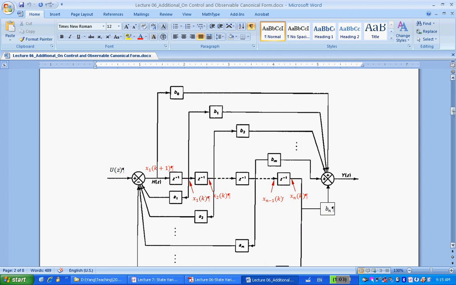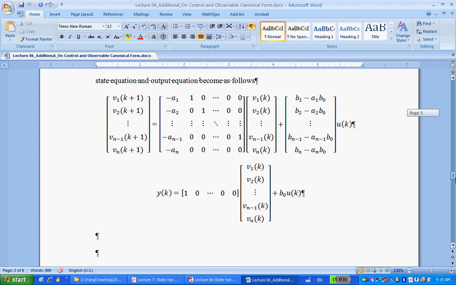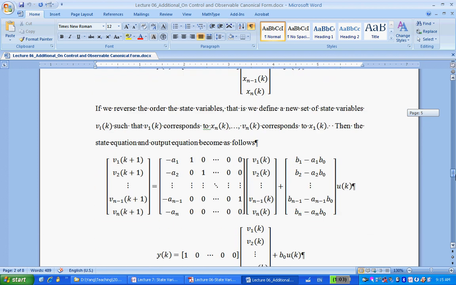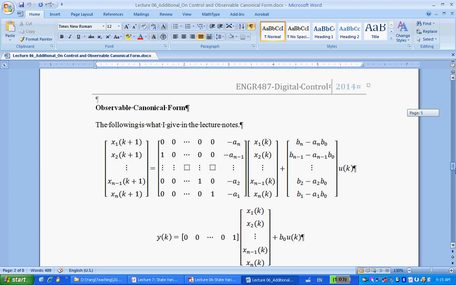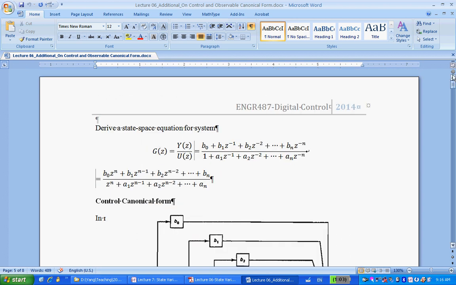Same thing for the observable ones. For those observable forms, there are also 2 different ones here. This is observable one. So this is one standard format, for a transfer function of this form here.